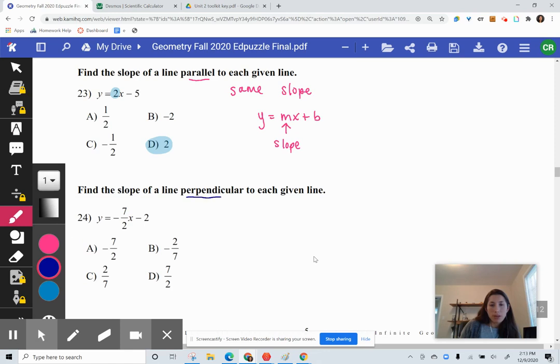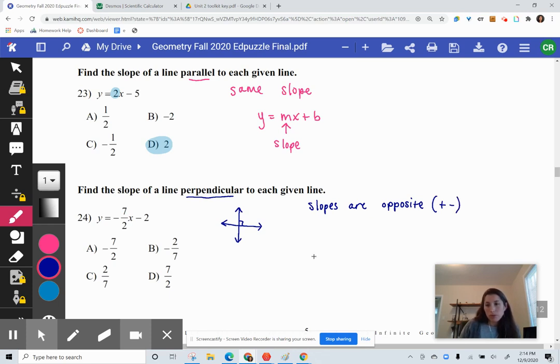Okay, perpendicular lines. So that would be lines like this, creating a right angle. Okay. So when you have lines that are perpendicular, the slopes are opposite reciprocals. Opposite means positive, negative, plus or minus, changing the sign of something.